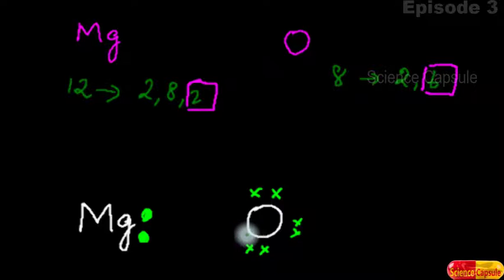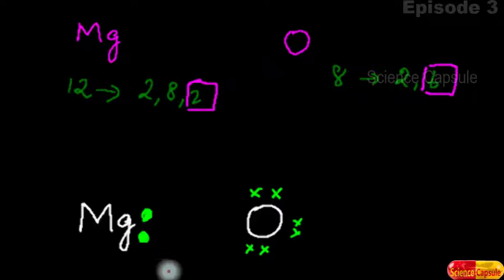If it gains 2 electrons, then the octet will be completed, so oxygen will be stable. Whereas by losing 2 electrons, you see here, the inner shell has 8 electrons, so magnesium will also get a stable configuration. The idea is that magnesium needs to lose 2 electrons, and oxygen needs 2 electrons for its stable configuration.